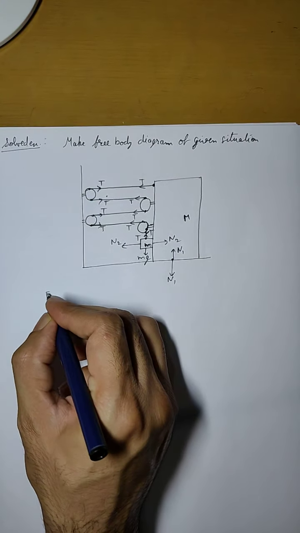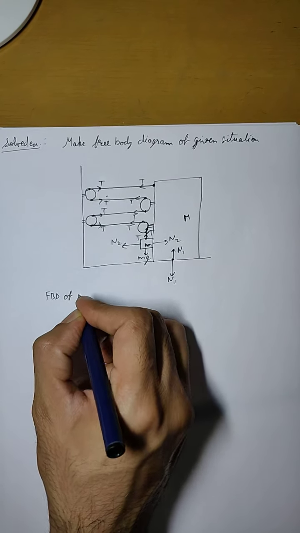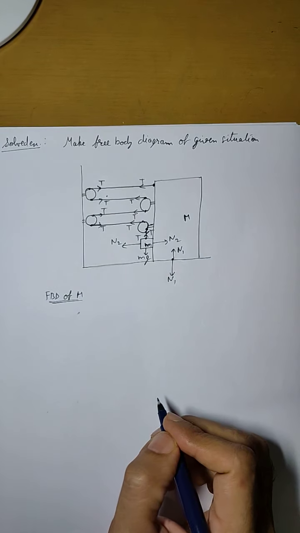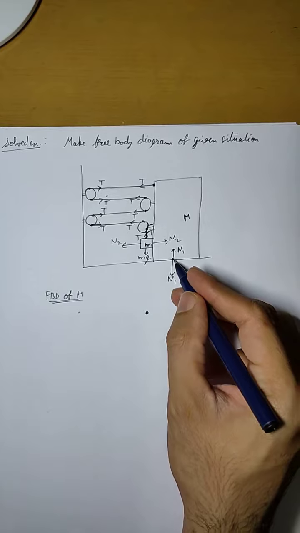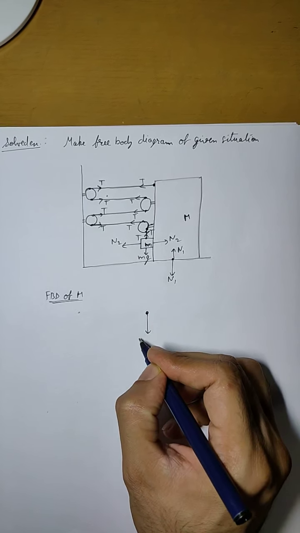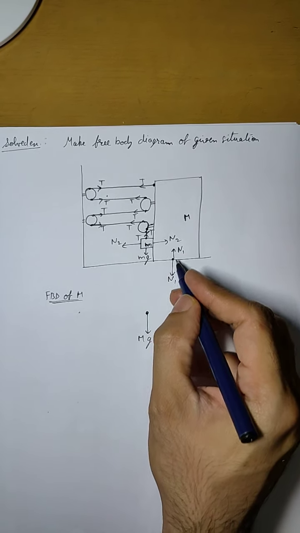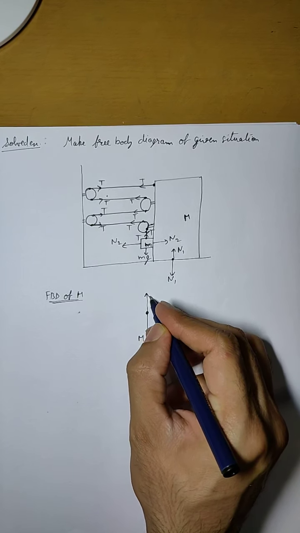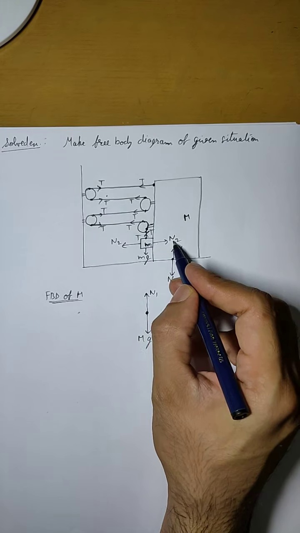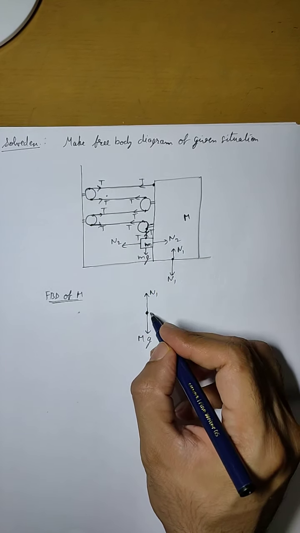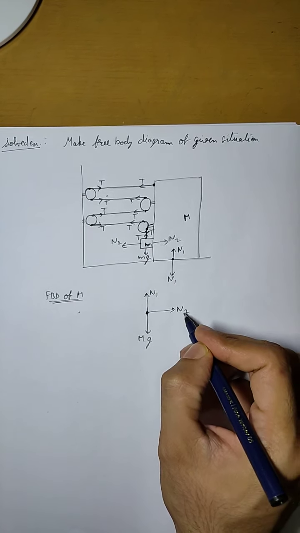Now if we have to make the free body diagram, let us say the free body diagram of capital M first. Mg in the downward direction, and there is a reactionary force N1 in the upward direction. Then there is N2 applied by small m on the capital M, which is in this direction.